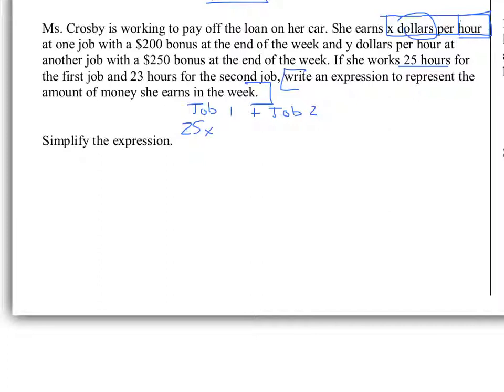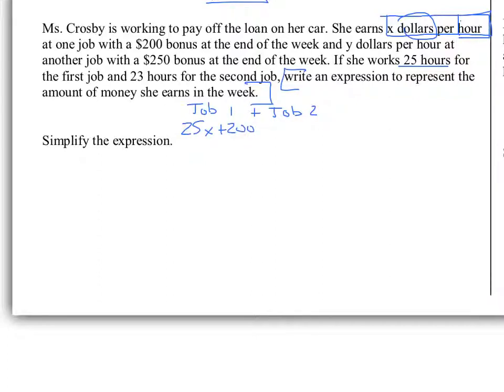How much money? Read back through the problem. Everybody read back through the problem one more time. Figure out if there's any more money that she earns from job 1. 200. Where does that come from? Bonus. All right, so she earns a $200 bonus.